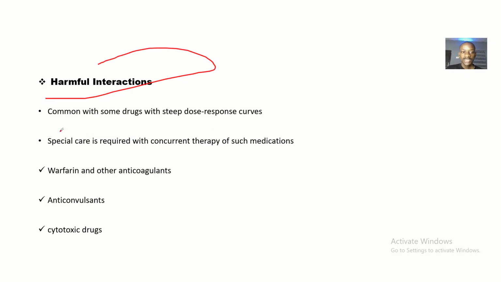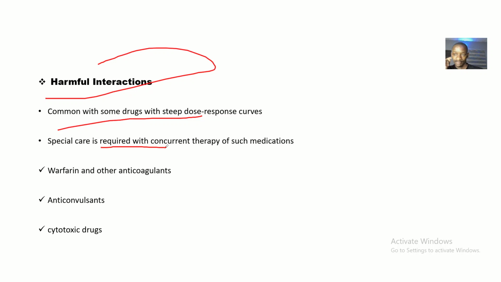Okay. So harmful drug-drug interaction. All right. So this is common with some drugs with what? A steep dose response curve. Okay. So special care is required with concurrent therapy of such medications. Do you understand? So a harmful drug-drug interaction is basically the type where maybe another drug is stopping the effect of another drug, right?